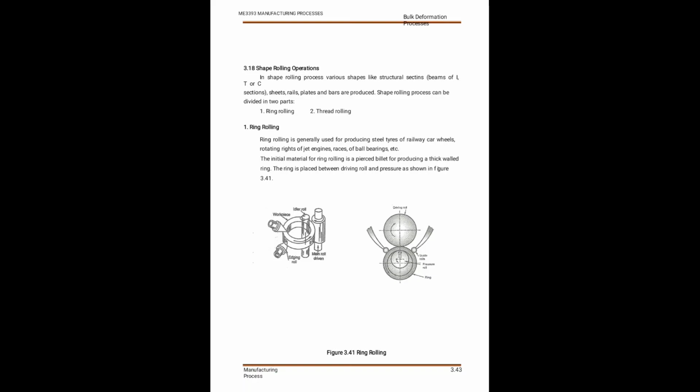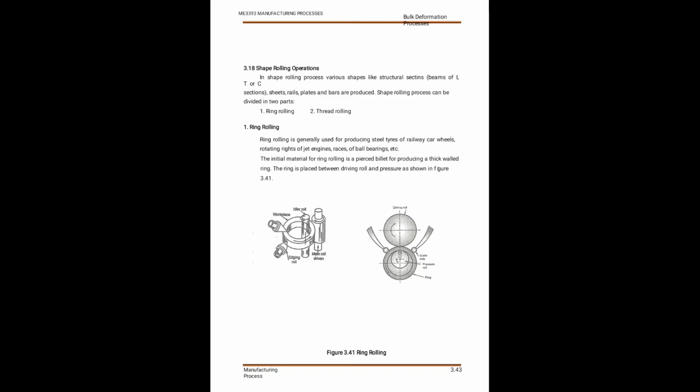So the main roller and idle roller apply force. The thick wall of the ring will be reduced, and the thickness will reduce, and at the same time the height of the ring may sometimes increase.